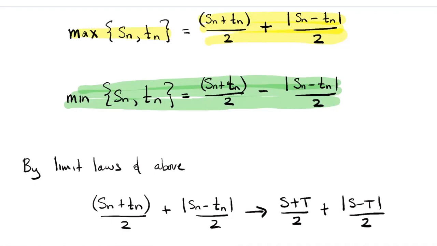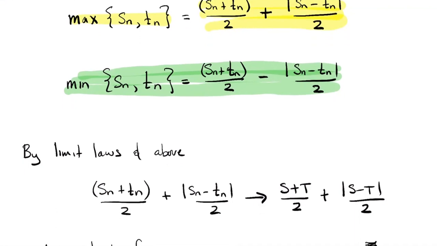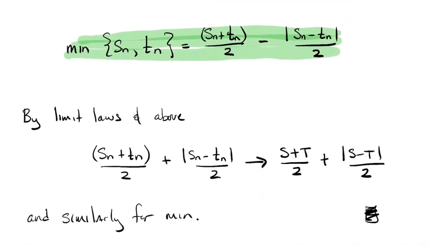How do we prove this? Well, you just combine algebraic and order properties that we just talked about. Because let's just focus on the maximum. The maximum is a sum of constant multiples of absolute values and sums. But we have theorems that say things like, the limit of a sum is the sum of the limits.